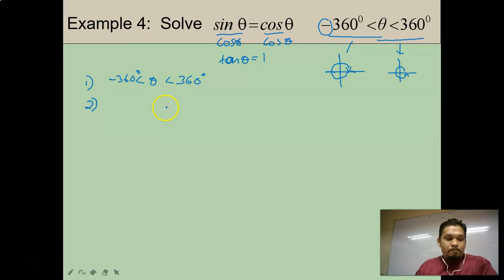Second step, we clarify theta lies in the first and the third quadrant because tangent theta equal to positive 1. Positive for tangent lies in the first quadrant and the third quadrant.